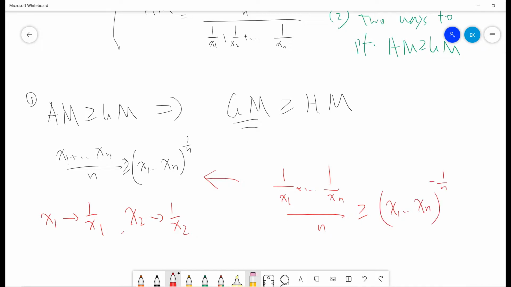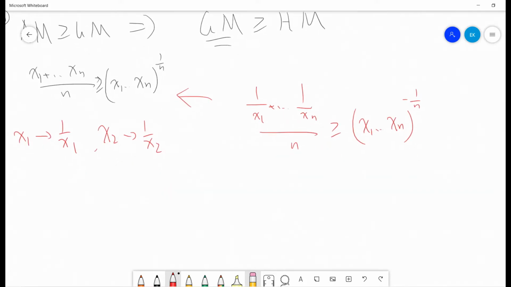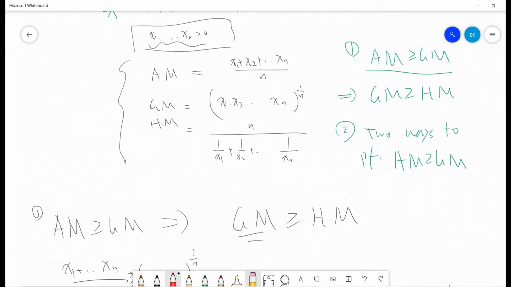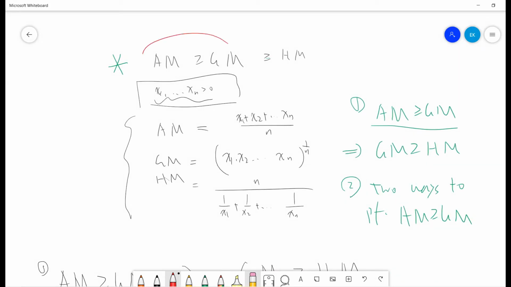Then you can flip, and you get this. This is exactly GM greater than or equal to HM. So from this inequality, only this part is important, and this part is trivial from the first part.